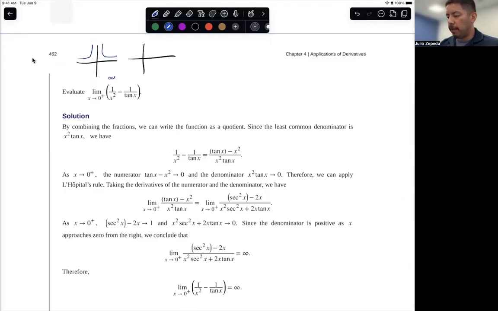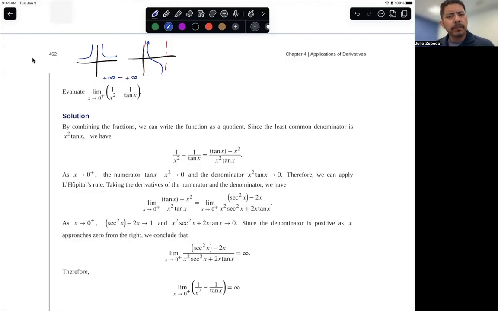So that would be positive infinity for the limit of the first function, 1 over x squared. And then 1 over tangent x, that's just cotangent x. And we saw that one earlier. There was a vertical asymptote, and the graph looks something like this. So that function also goes to positive infinity. And so we have infinity minus infinity here.